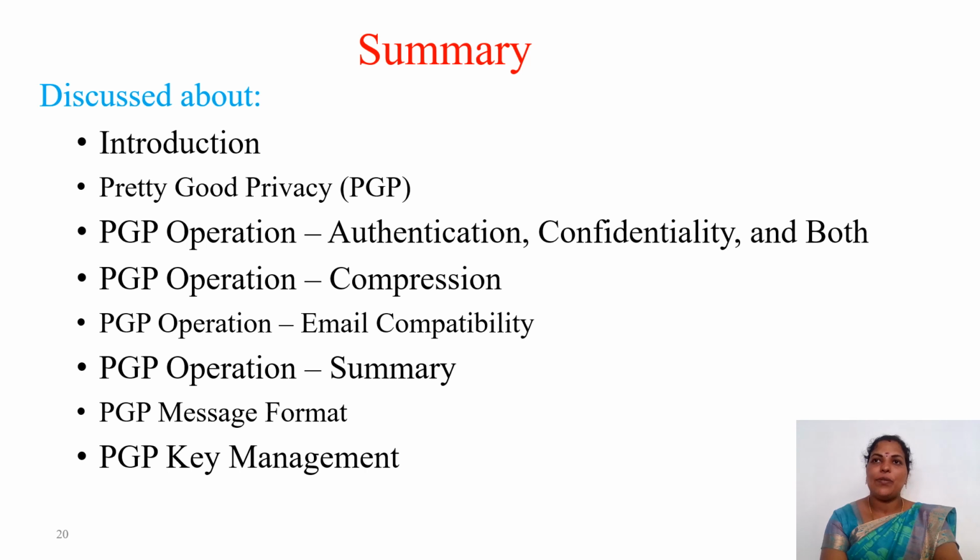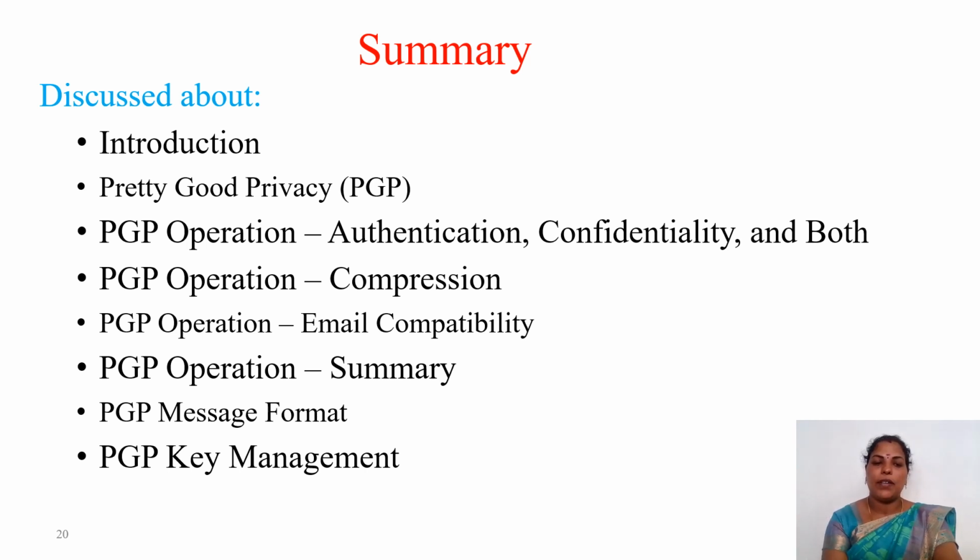In this presentation, we have discussed mail security with respect to Pretty Good Privacy alone. We saw how the PGP operations happen for authentication, confidentiality, and both authentication and confidentiality. Then how the compression function is used: after the signature and before the encryption process only, we have to use compression. Then email compatibility, and an overall summary of how the PGP operations happen in the sender part and the working principle in the receiver part.